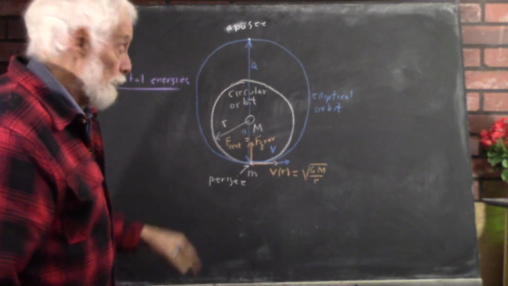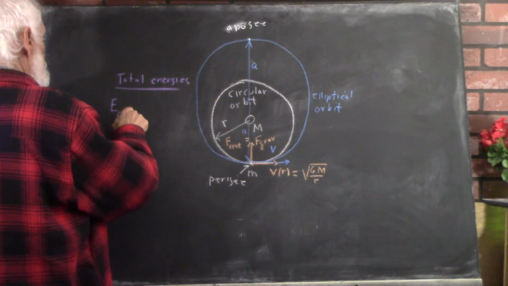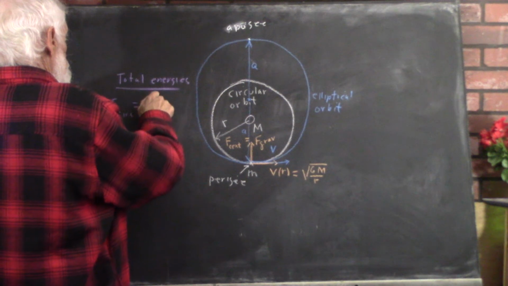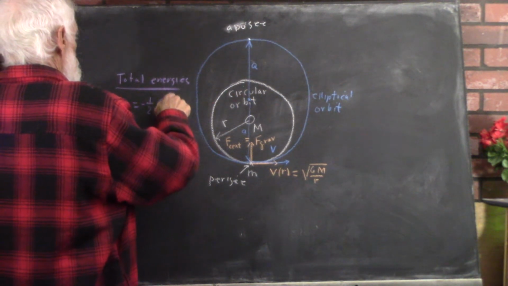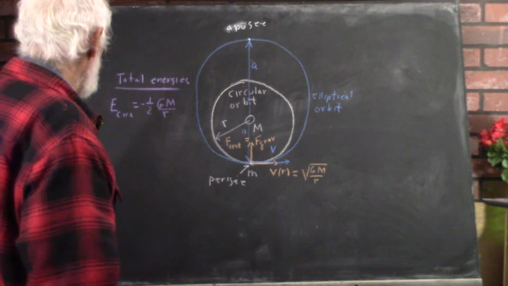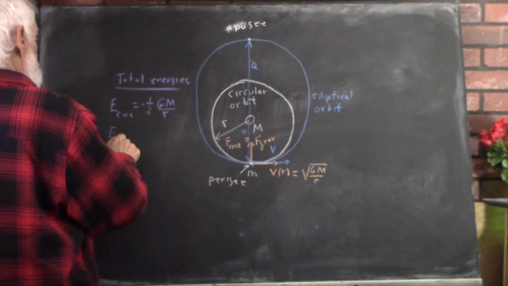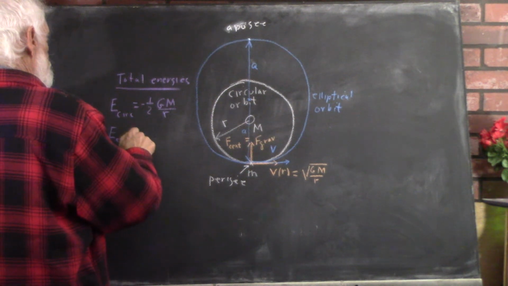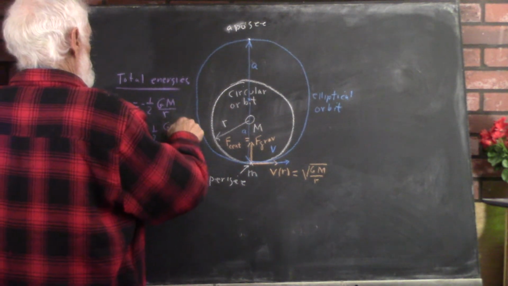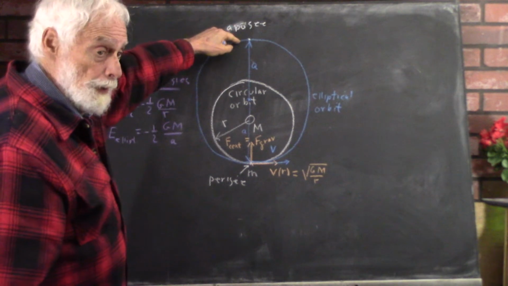We saw last time that the total energy in the circular orbit, which I'll abbreviate E circ, is negative 1/2 big G big M over R. The energy of the elliptical orbit, E elliptic, is -1/2 big G big M over A, where A is half the distance between the perigee and the apogee.